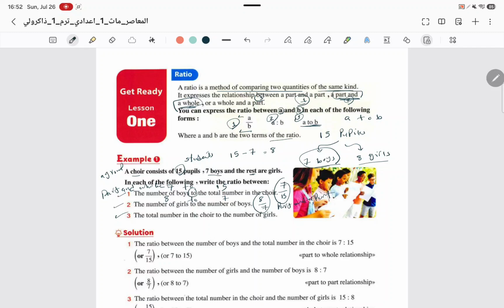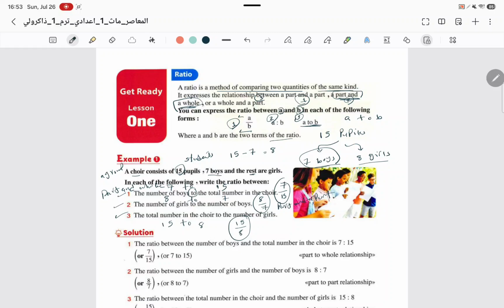The last and third question: we have the whole number in the choir, which is 15, to the number of the girls, which is 8. So 15 over 8, this is the form of the ratio we have.